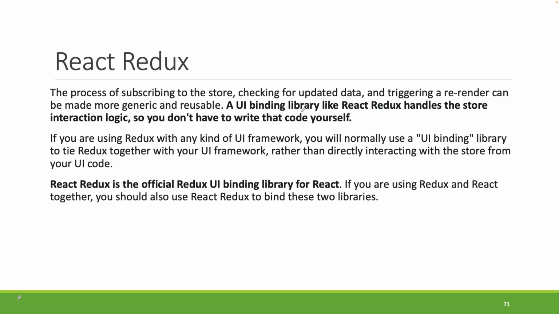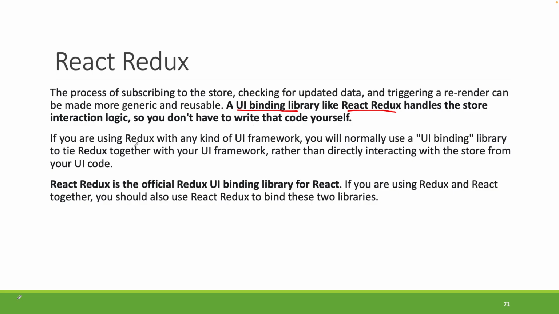A UI binding library like React Redux handles the store interaction logic, so we don't need to write code by ourselves, like subscribe and trigger re-render. No, React Redux does it for us.